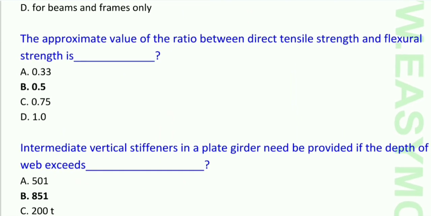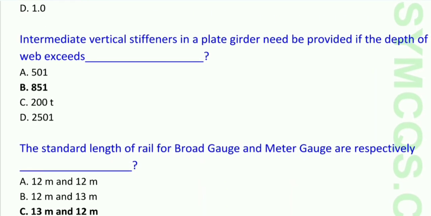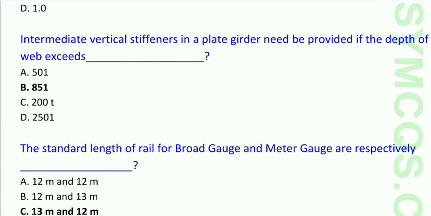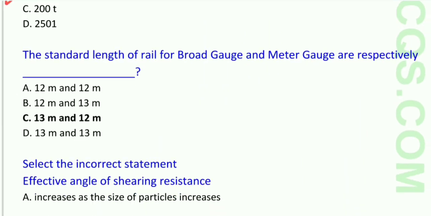Next question. The approximate value of the ratio between direct tensile strength and flexural strength is 0.5. B is right. Intermediate vertical stiffeners in a plate girder need be provided if the depth of web exceeds 85t.